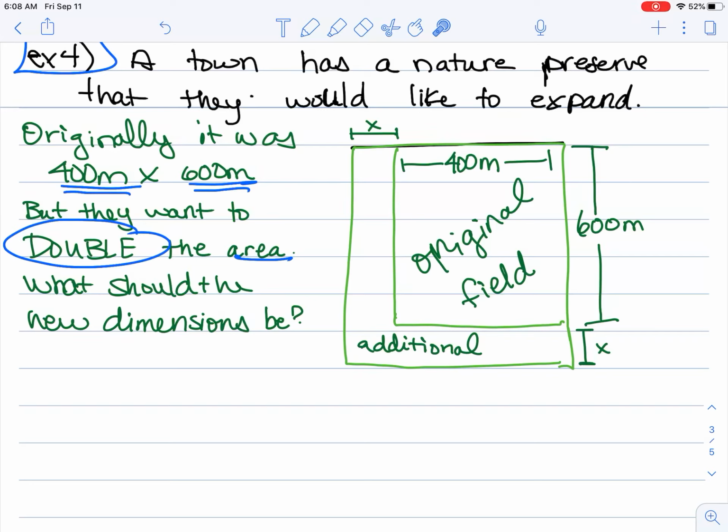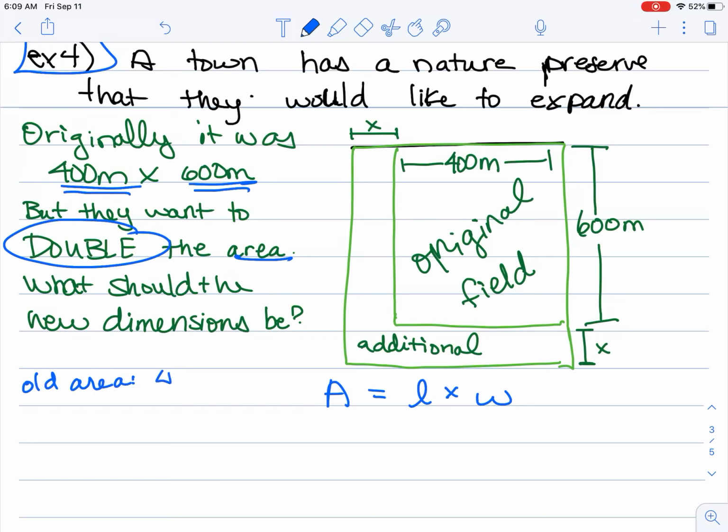Okay, so let's figure out how this works. So if I'm going to set up something, we know that area equals the length times the width, right? Well, in this case, we want the area to be double what it was. So let's figure out what the old area was.